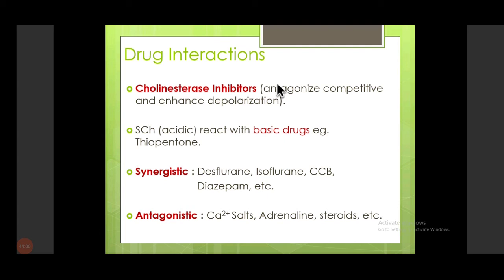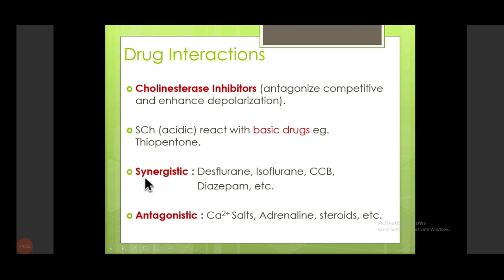And since succinylcholine is also present, both would be competing for the same receptor site, and both have the predisposition to stimulate or depolarize the cell. So cholinesterase inhibitors would enhance depolarizing and antagonize the competitive block.